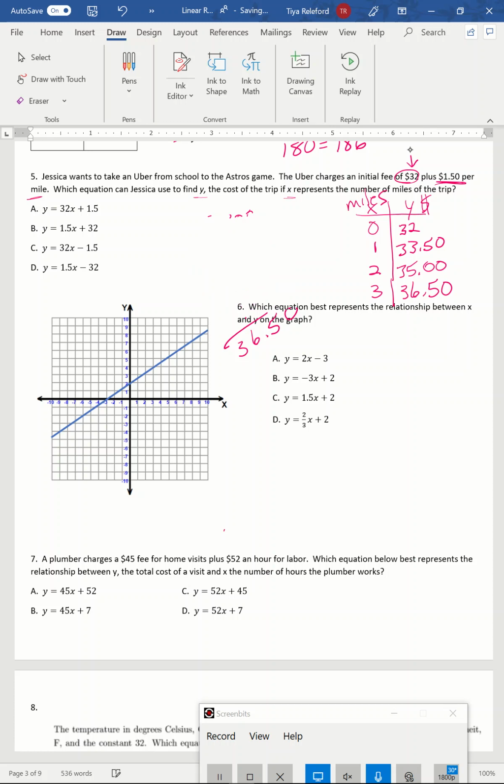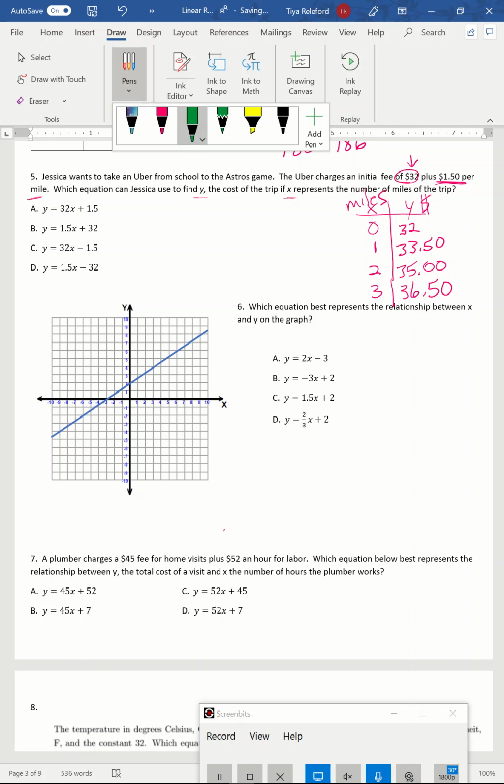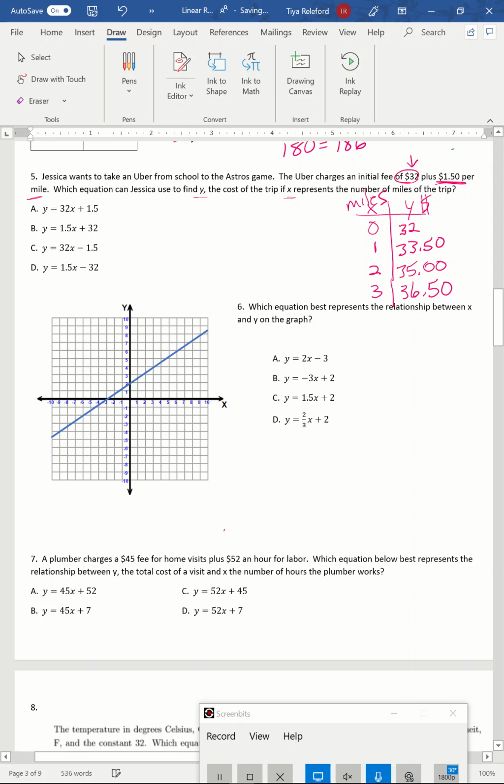You can match your equation to the table. So remember, to match your equation to the table, you're going to take 1 y and 1 x and see if they work. So if you take A, you have 32x plus 1.5.